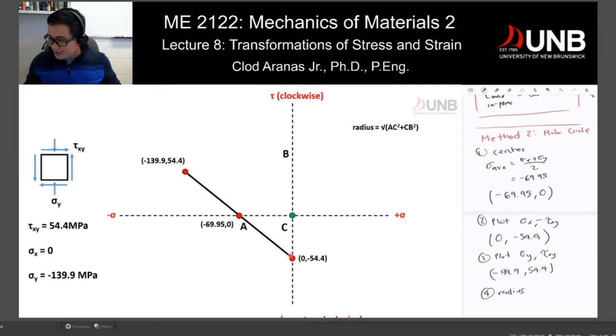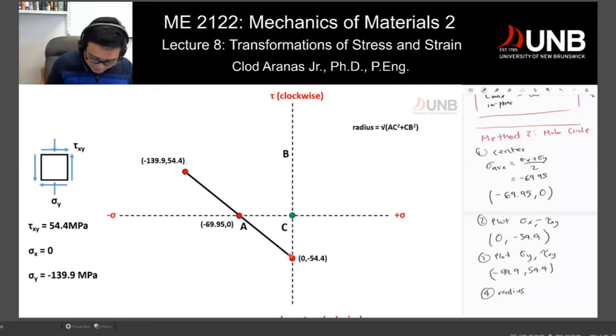But if you're going to get the radius, the radius would be equal to the square root of the square of this point, which you know is 69.95, and this is 54.4. So the square root of the sum of the squares, AC squared plus CB squared, which is 69.95 squared plus 54.4 squared. Again, we are not accounting for the negative here.